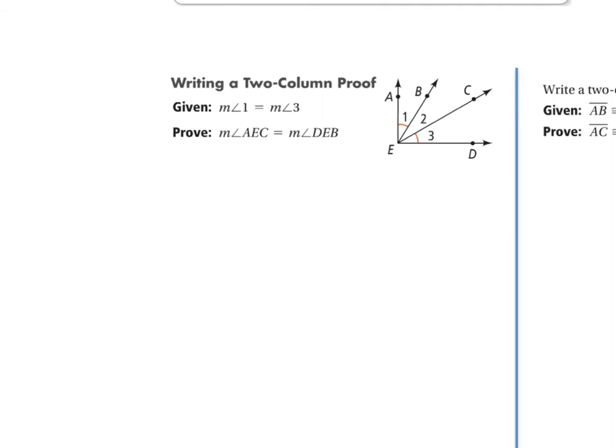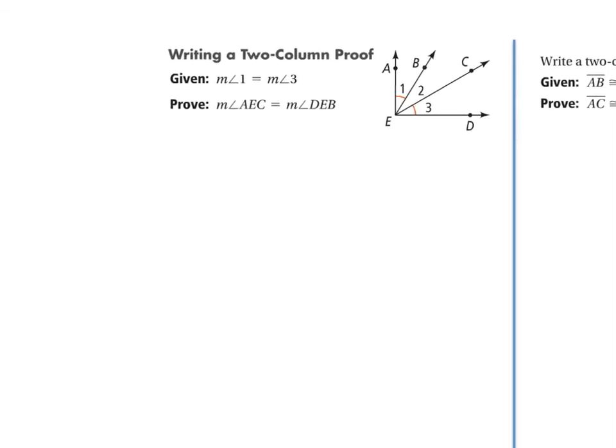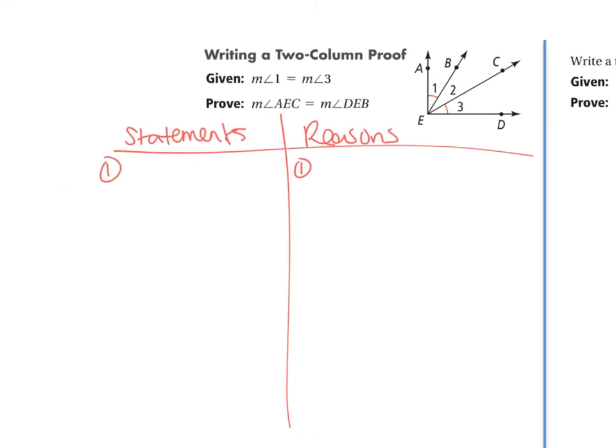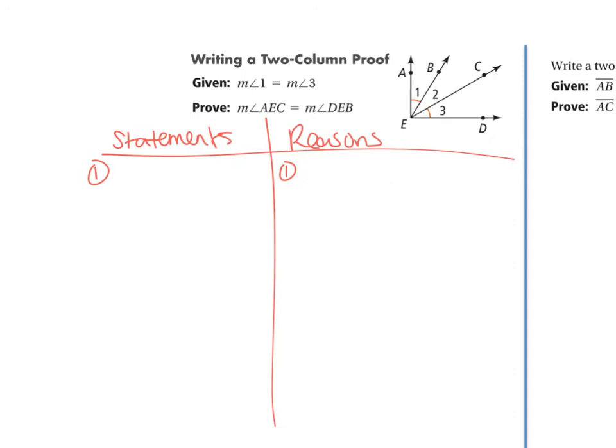Okay, so now let's write a proof for this one right here. Let's set it up before I start explaining it. Statements and reasons. Number 1 is always going to be our given, so they tell us the measure of angle 1 is equal to the measure of angle 3, and why?